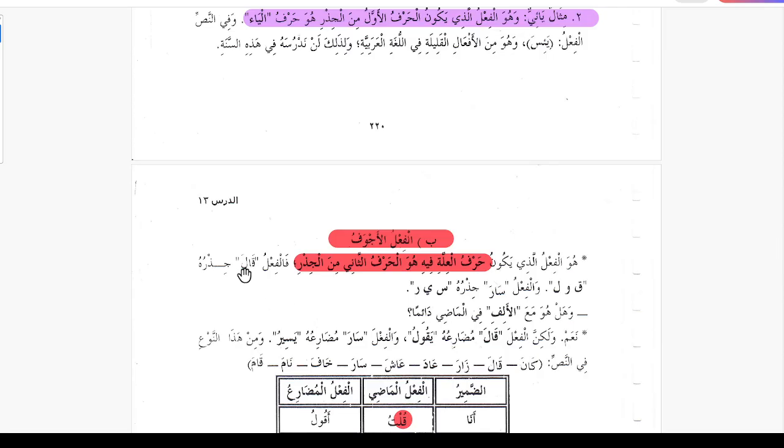Like kala, where the middle letter is alif, and sara, where the middle letter is alif. Although alif is not a root letter, this is how it is written. Actually, kala is kaf, waw and lam. Here the middle is waw, and sara, the root letters are sin, ya, ra. There is no verb in Arabic where alif is the root letter, but it is written with alif.